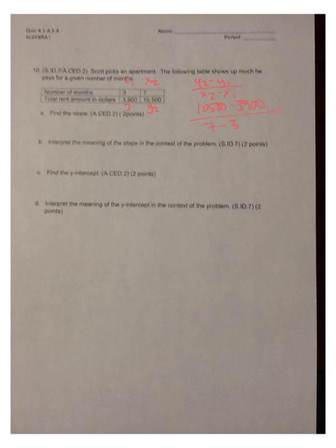And when we simplify that, we get 6,600 over 4. And when we divide that, I believe it's 1650 over 1. So the meaning of the slope is Scott pays $1,650 for every month that he lives in his apartment.